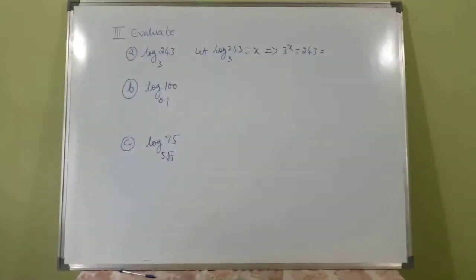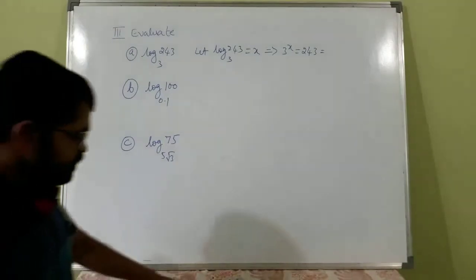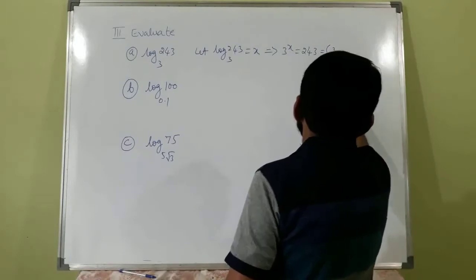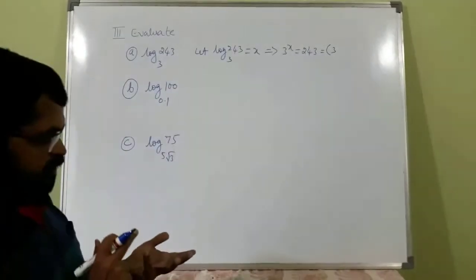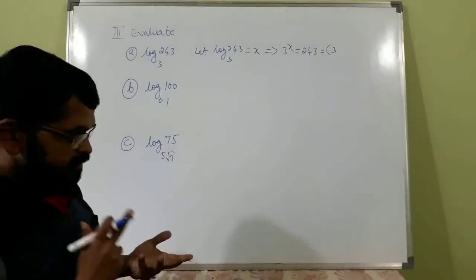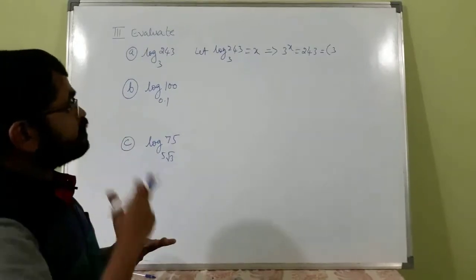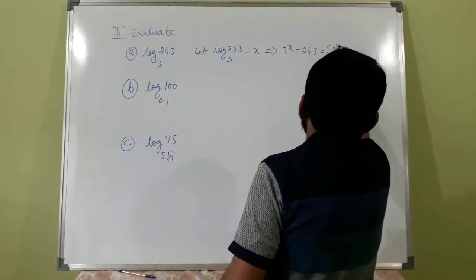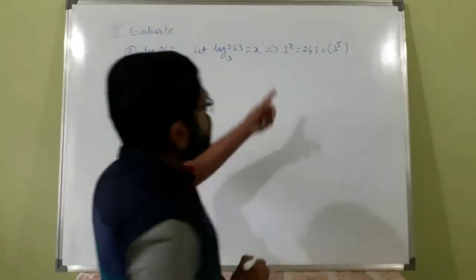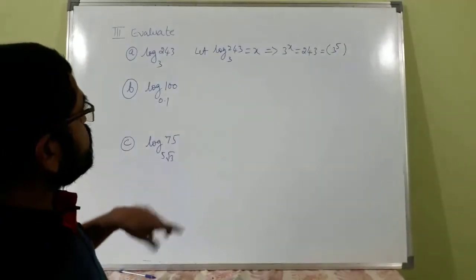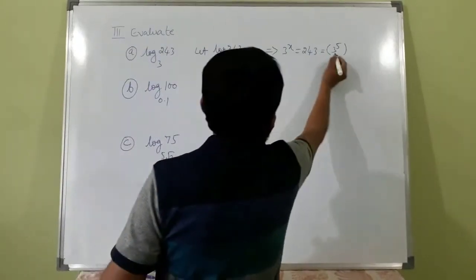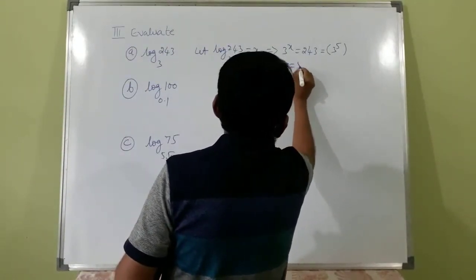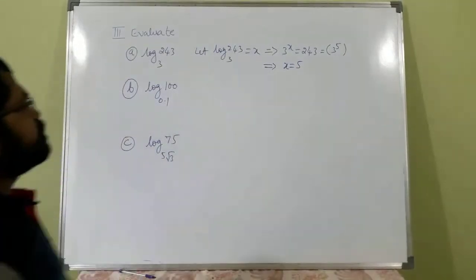Express in terms of 3 in terms of exponents. 3 to the power 2 is 9, 3 to the power 3 is 27, 3 to the power 4 is 81, 3 to the power 5 is 81 into 3, which is 243. So, bases are the same, so x is equal to 5. So the answer is 5.